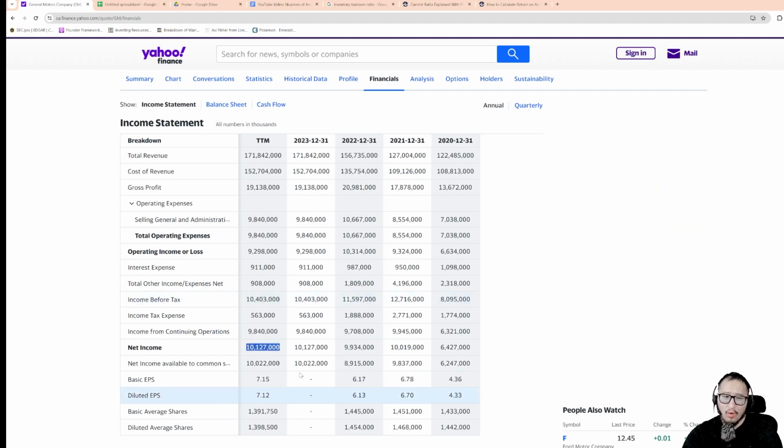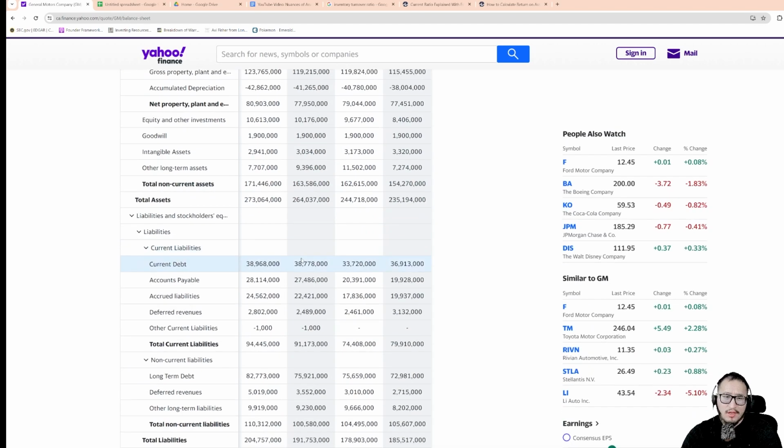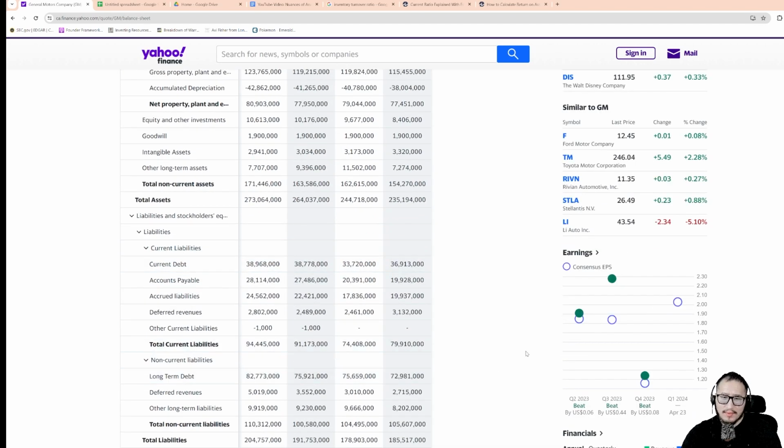If you go into their balance sheet, you can see that General Motors has about $83 billion in long-term debt. That's because these companies are not able to self-finance their own growth. In order to grow more, they need to borrow more money to invest in their property, plant, and equipment to generate a very incremental increase in their overall earnings and growth.